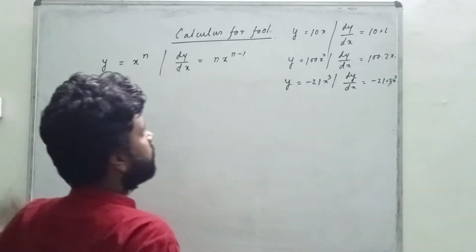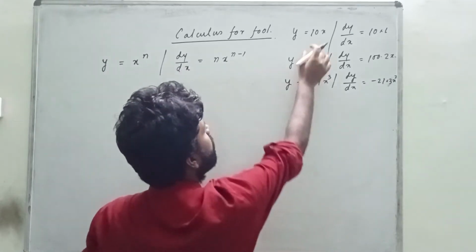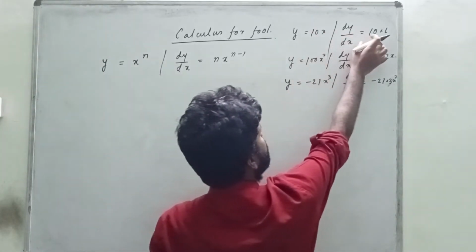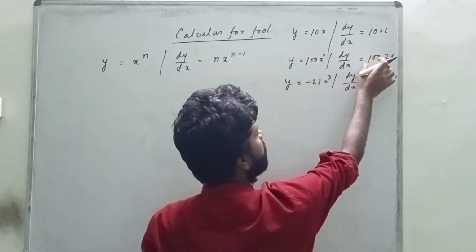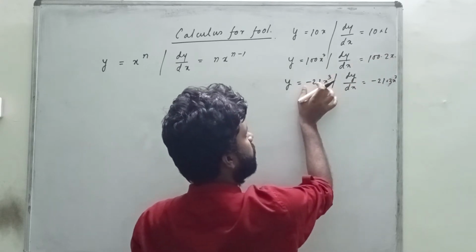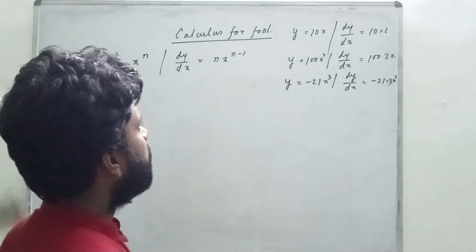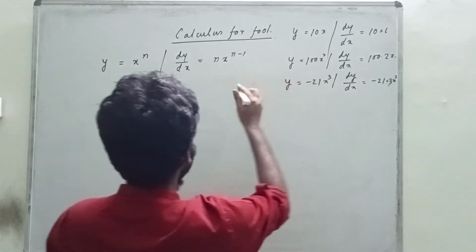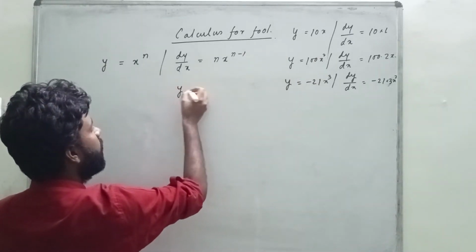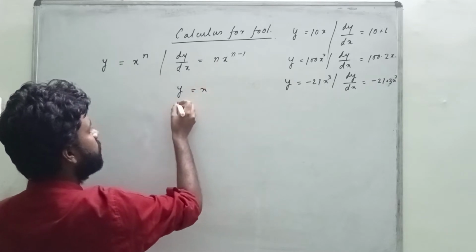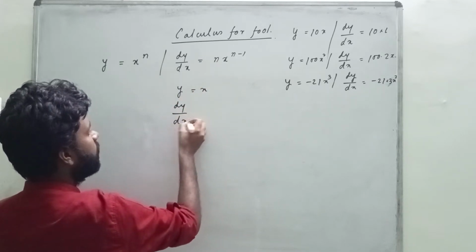The 10 stays 10, the 100 stays 100, the minus 21 stays minus 21. But if y equals x, then dy dx goes to 1.